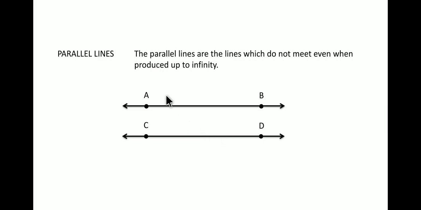Such lines are called parallel lines, and these parallel lines are supposed to lie on the same plane. So over here they lie on the plane of this screen. And of course, parallel lines are represented by AB parallel to CD. So this is the parallel line symbol. AB parallel to CD.